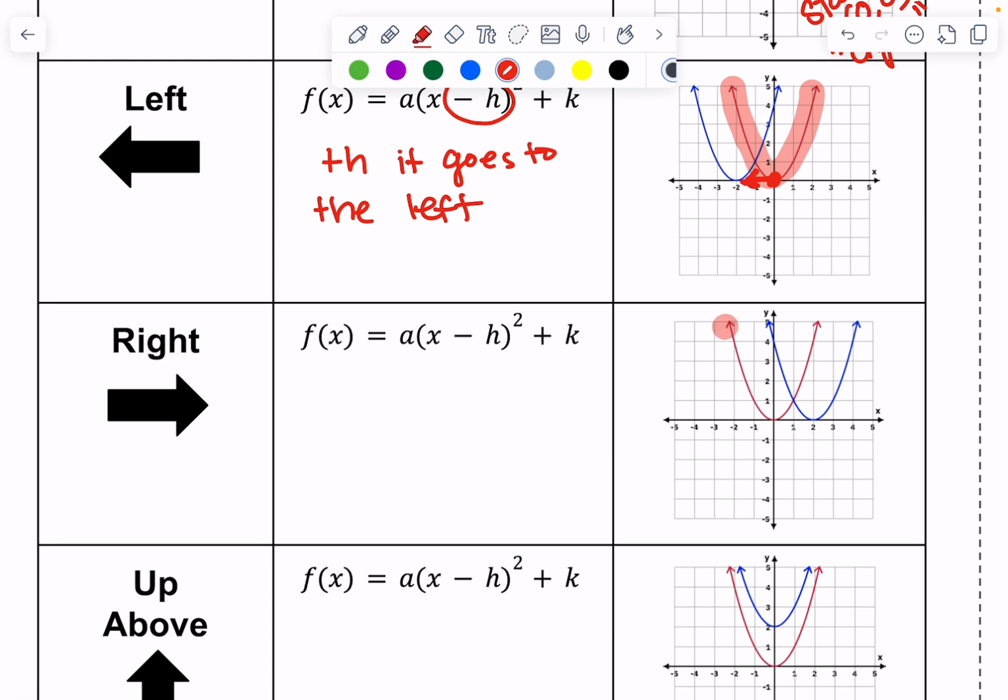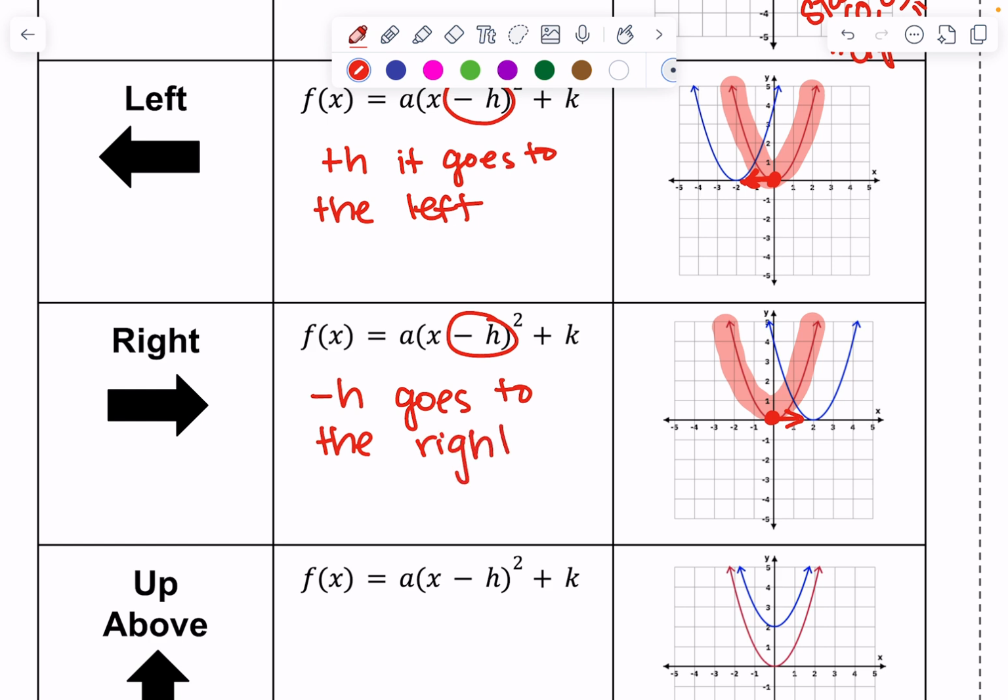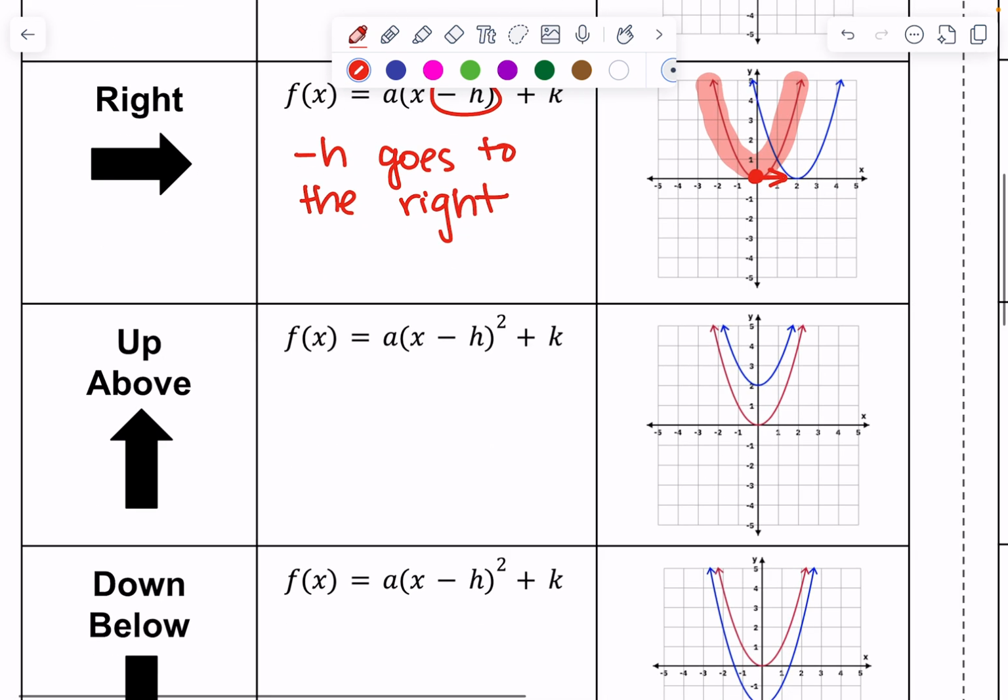Now, if I look at this one right here, we start at 0, 0, always start at 0, 0, and then we went to the right. So when this is negative H, negative H goes to the right. Now, when we look at this next one, I have this red one.